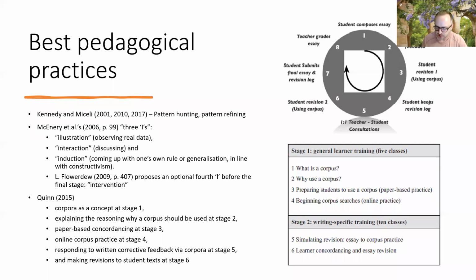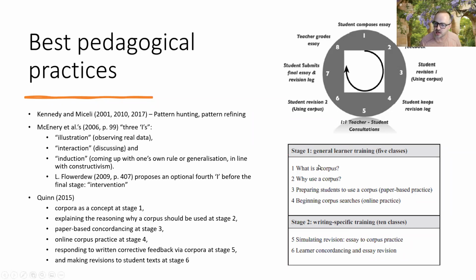And that study provides a very detailed six-stage approach that you can see here to students' corpus training for improving second language writing, including introducing corpora as a concept at the first stage, explaining the reasons why a corpus should be used at stage 2, some paper-based concordancing at the third stage, online corpus practice at the fourth stage, some response to written corrective feedback at later stages, and making revisions to students' text using the corpus at the final stage.